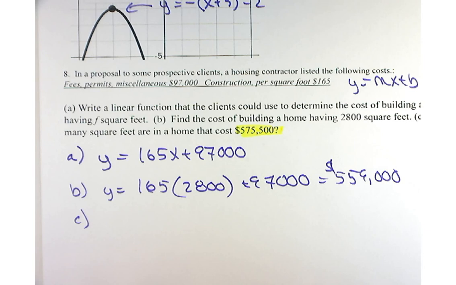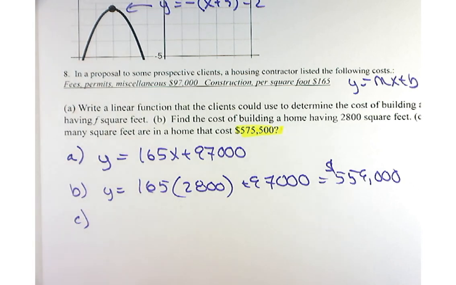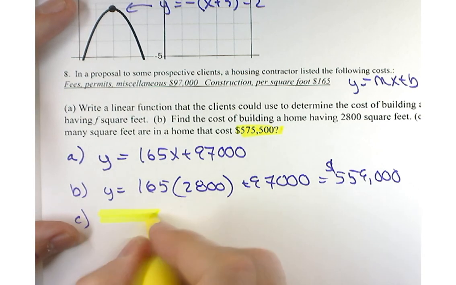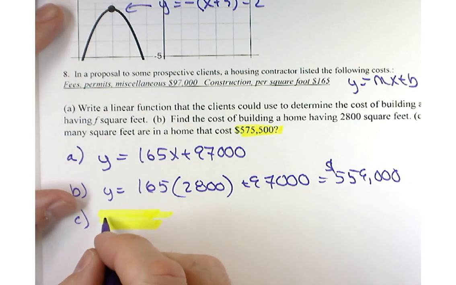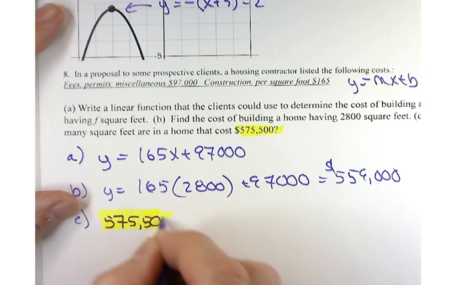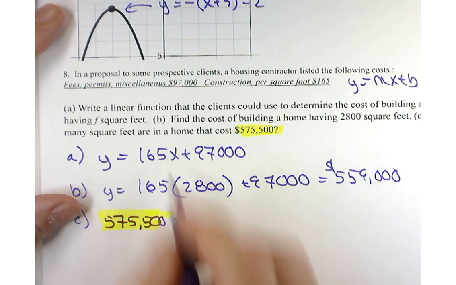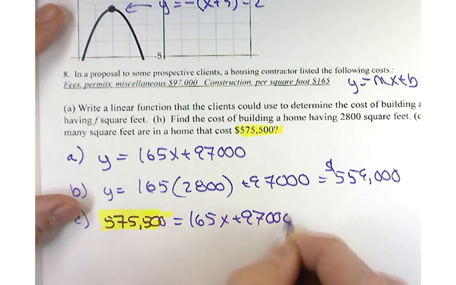And last but not least, if you wanted to figure out the square footage for a house that costs $575,000, maybe that's your budget, how would you start? Plug it into your y. Yeah, plug that in for your y. That's your cost. And then you figure out the square footage from there. 575,000 equals 165x plus 97,000.